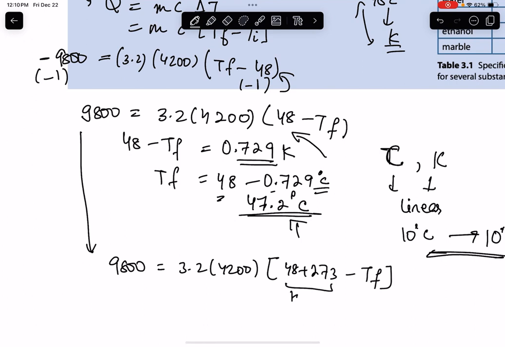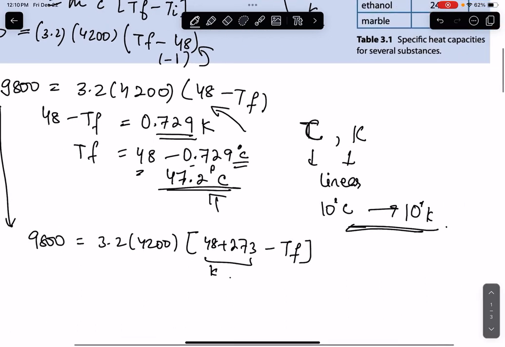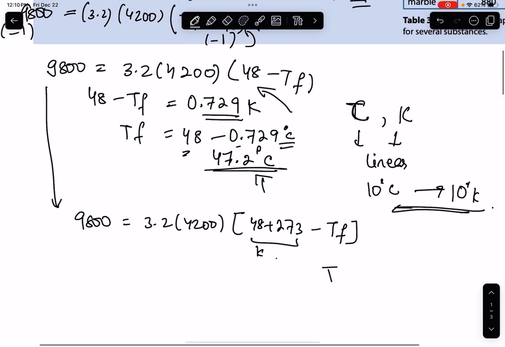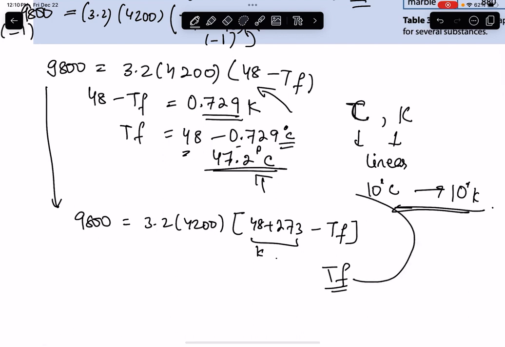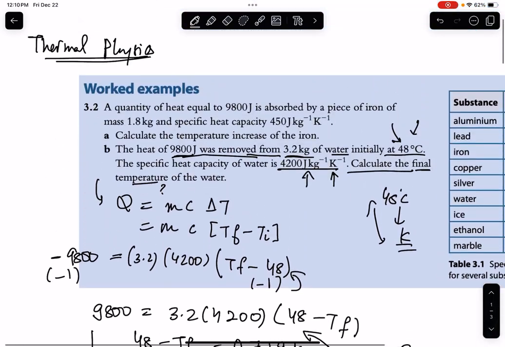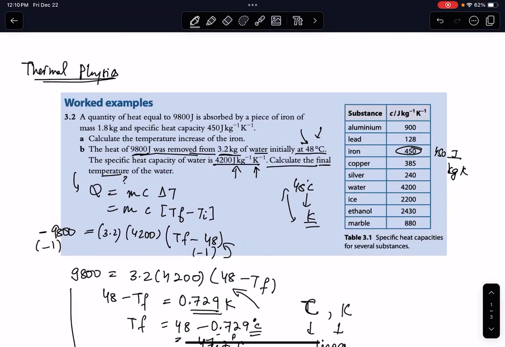So this is just the Kelvin conversion, right? If you solve for it, you would get the final temperature in Kelvin, and then you can just convert it to degrees Celsius. Okay? So that is for 3.2. It was a straightforward example. You just needed to apply that Q is mc delta T.